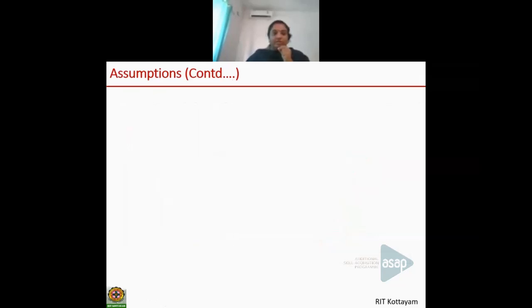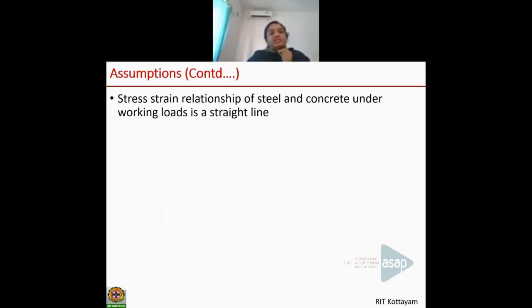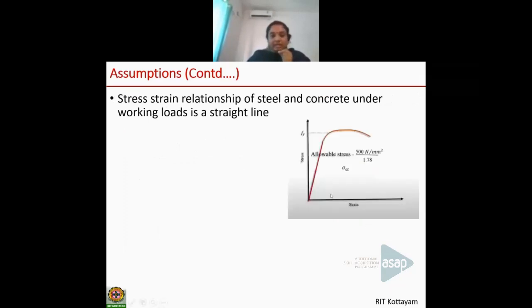Now, coming to the third assumption, the stress strain relationship of steel and concrete under working load is assumed as a straight line. You know that this is the typical stress strain diagram for a HYSD bar, or high yield strength bar, or TMT bar.